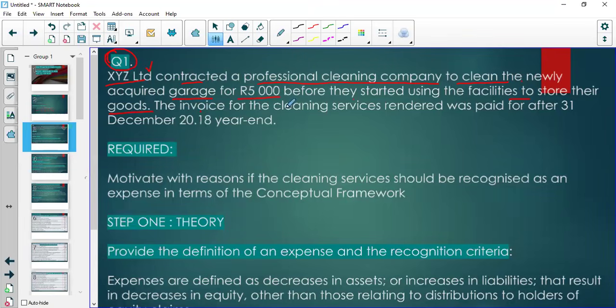Okay, the invoice for the cleaning services rendered was paid for after 31 December year end. So the payment was done after year end. Okay, and then the required said to motivate with reasons if the cleaning services should be recognized as an expense in terms of the conceptual framework.